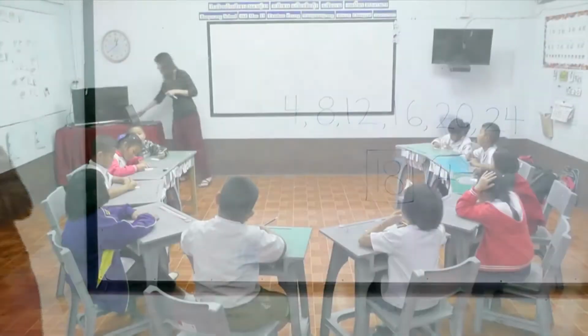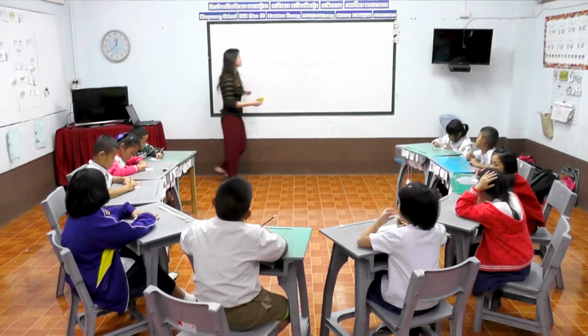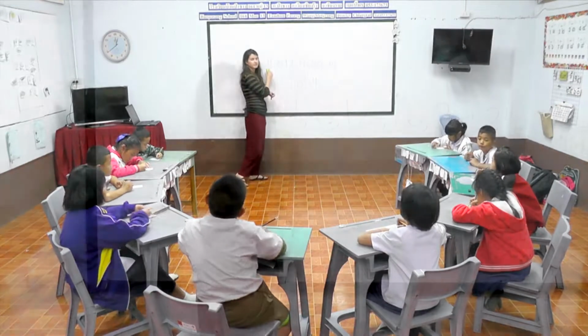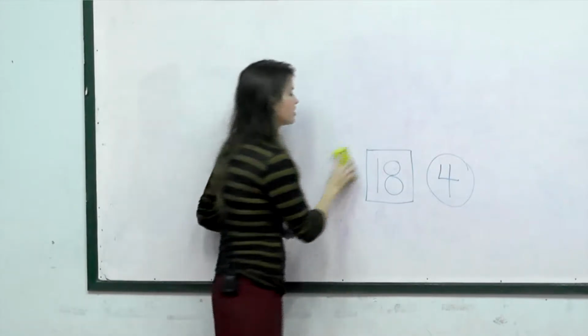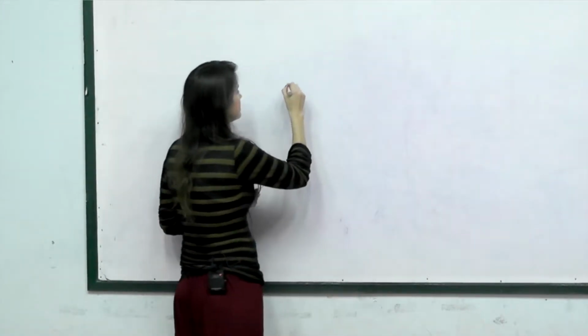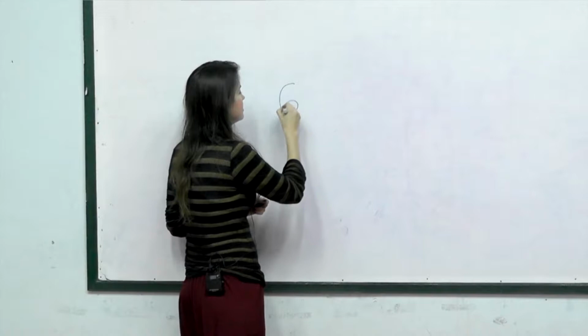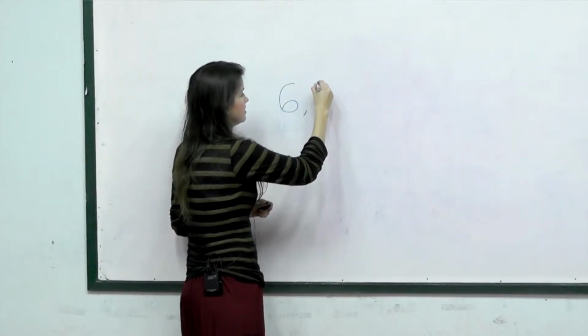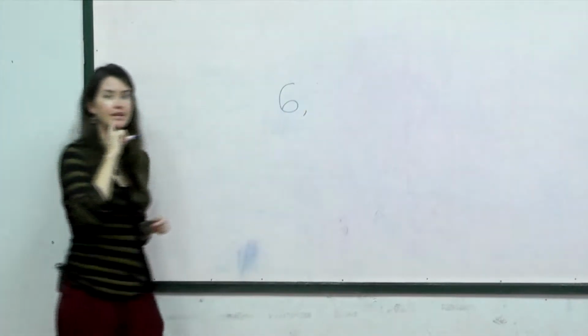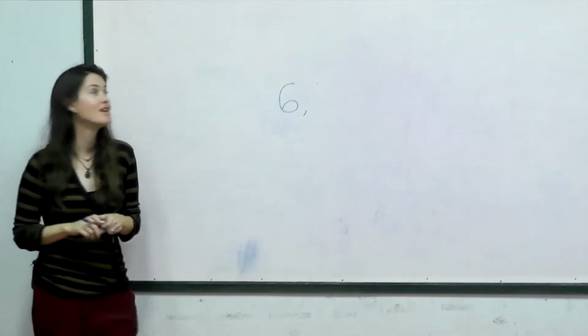Okay, everybody got it? We'll do a couple. Don't worry, we'll do some more. Okay, let's count by 6s since we're practicing. 6. What comes next? 12.